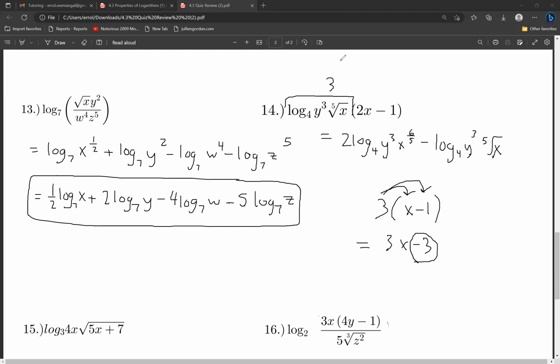Same idea. If this whole thing was 3, just imagine this was 3 right here. 3 times -1 is -3, which is this part. This here's your -3.